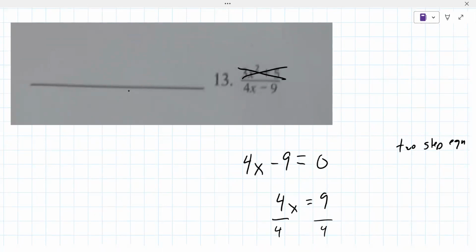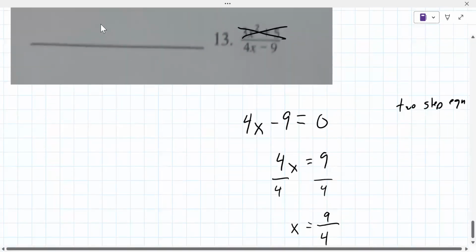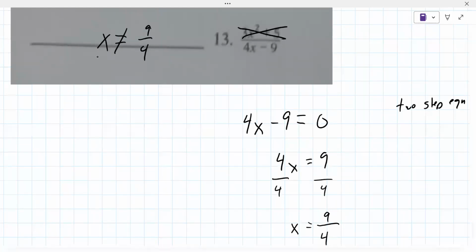So tell me what to write up here in the blank. It would be x does not equal 9 over 4. That's right. It's a big difference when someone says you can do this or no, you cannot do this. Go right, go left.